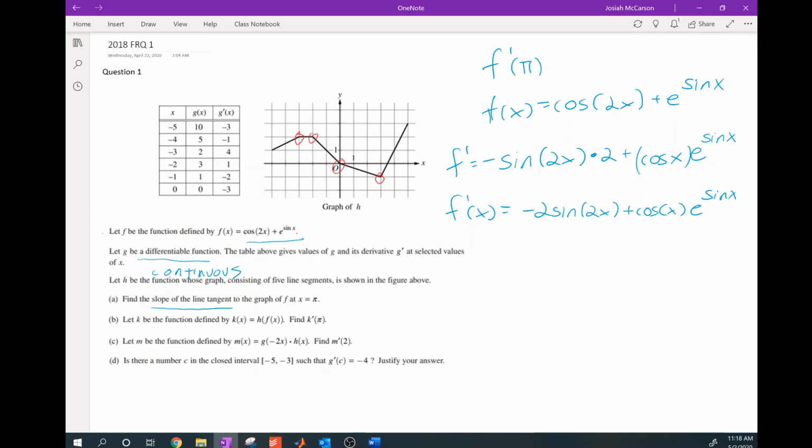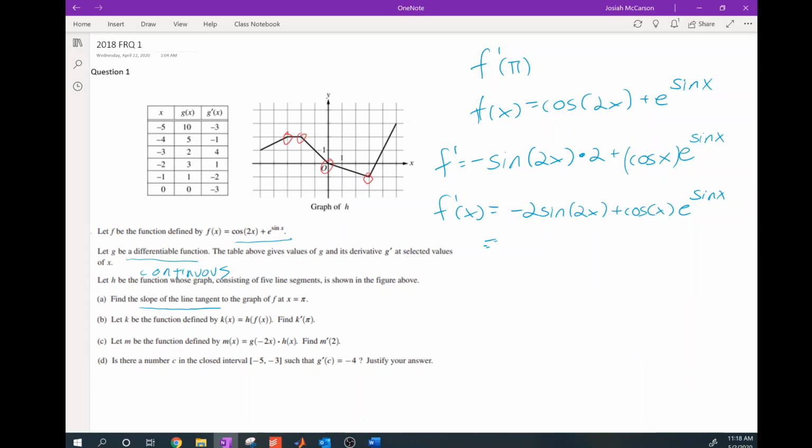And now I just plug in pi. So it's negative 2 sine of 2 pi plus cosine of pi e to the sine of pi. Let's simplify this. If you remember your unit circle, sine of 2 pi is 0.